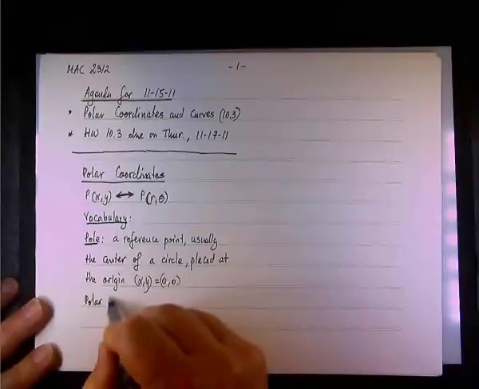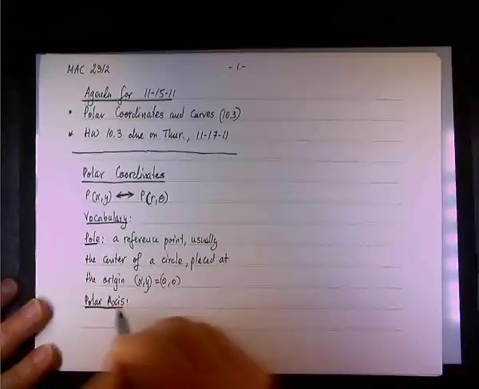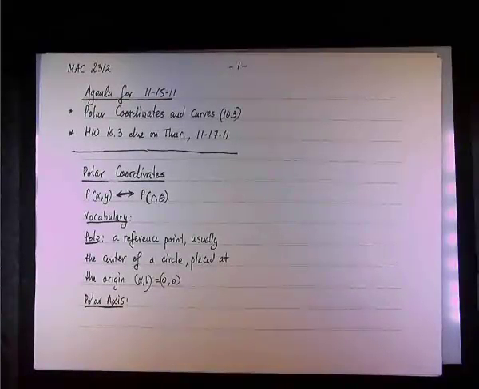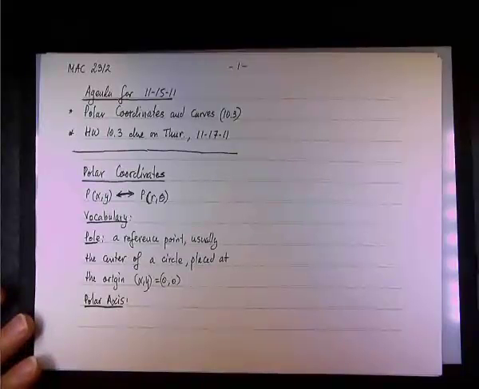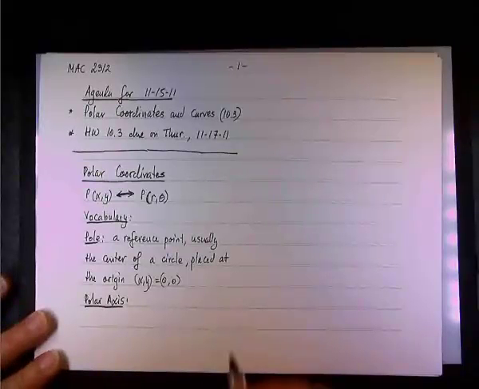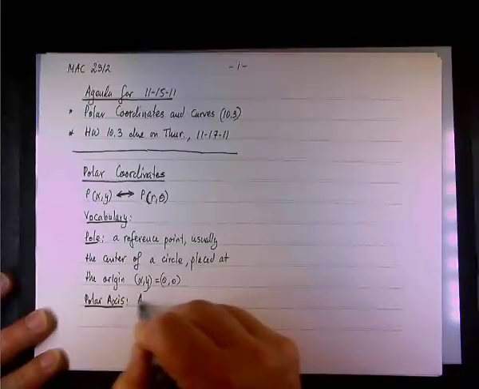And then there is something we call the polar axis. The polar axis is our reference half line or reference ray that allows us to measure the angle.